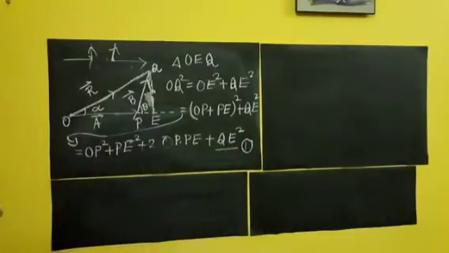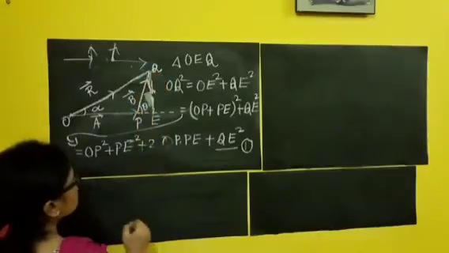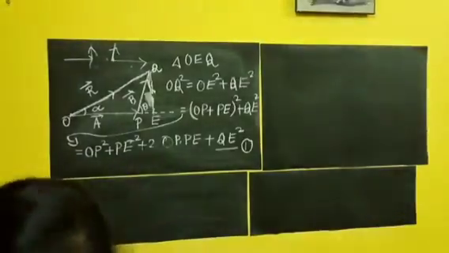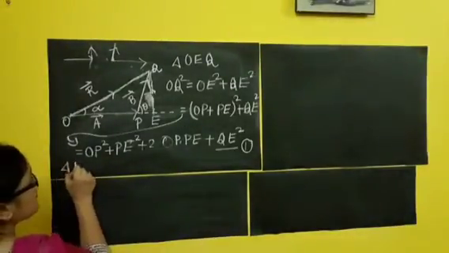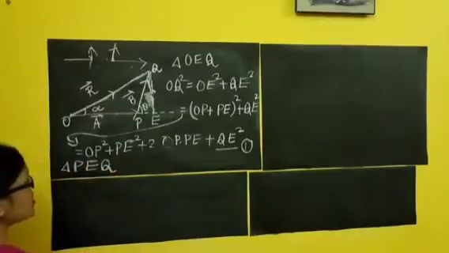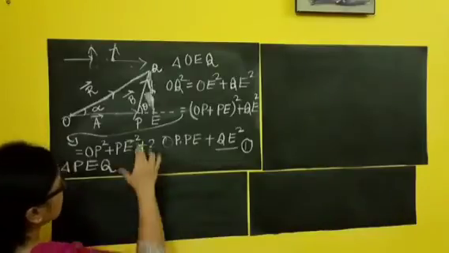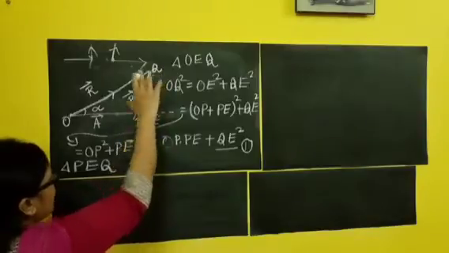Now coming for another triangle. If I am going for the triangle PEQ, see this triangle PEQ, this is also another right angle triangle. So from triangle PEQ, what can I write? This is the hypotenuse, this is the base here, this is the perpendicular.